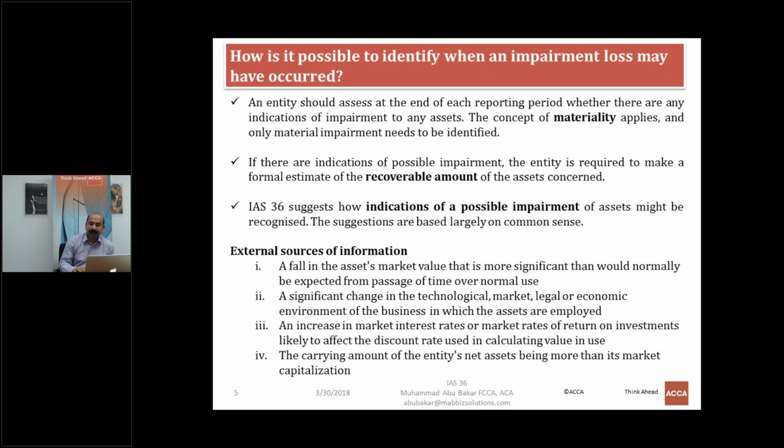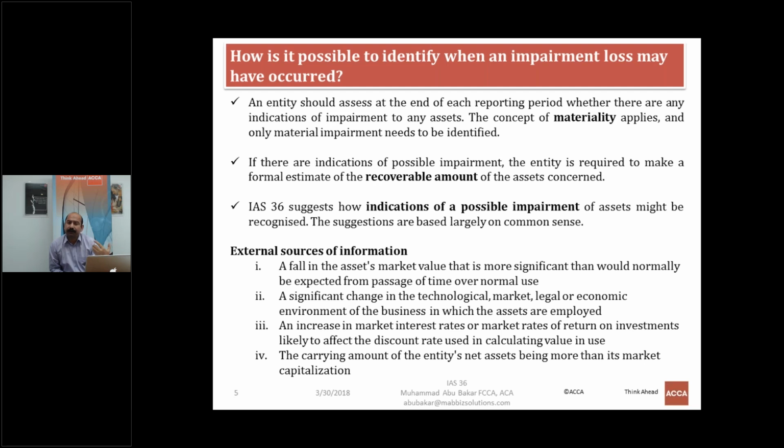You know from your earlier study as well, because there is not much change in this standard, that there could be internal factors and external factors causing impairment of your asset, and there are assets for which the standard requires that you need not wait for the indications.